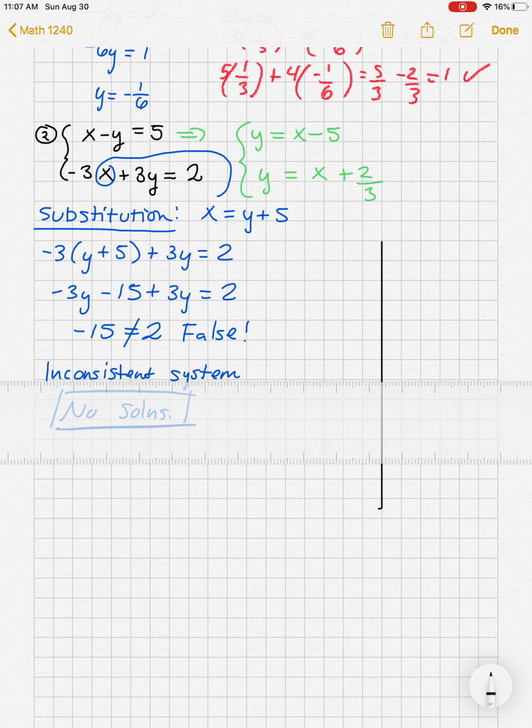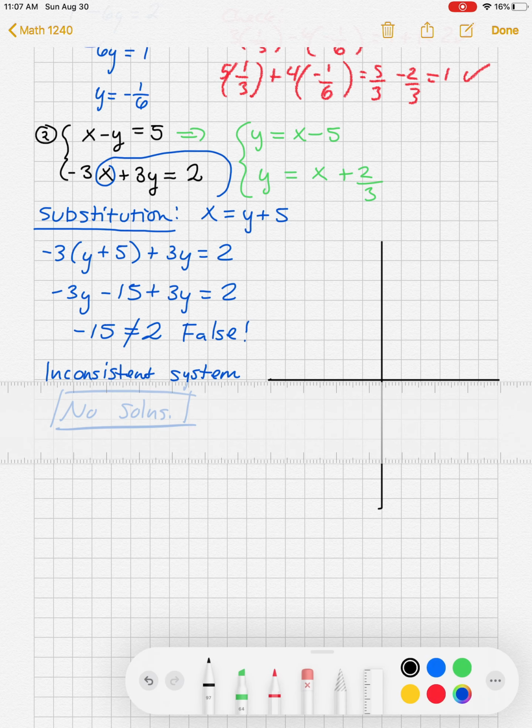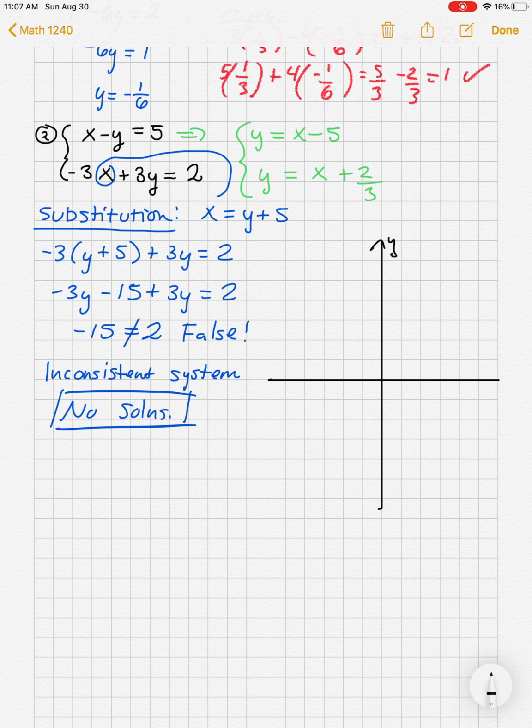But there's something important that I notice about the slopes and the y-intercepts of those lines right away. You see how y equals x minus 5: 1, 2, 3, 4, 5. Here's the y-intercept. Slope's 1. Rough sketch, okay?